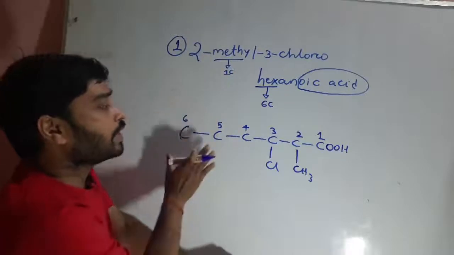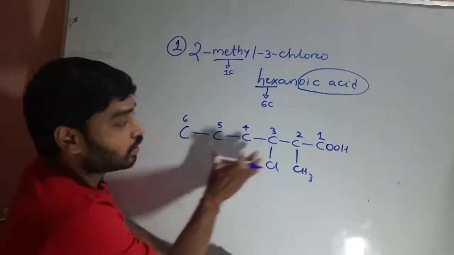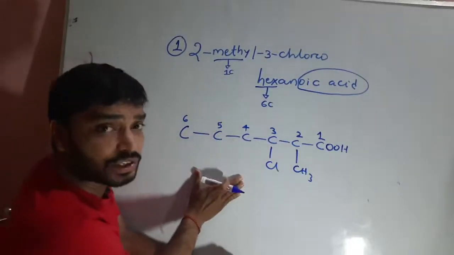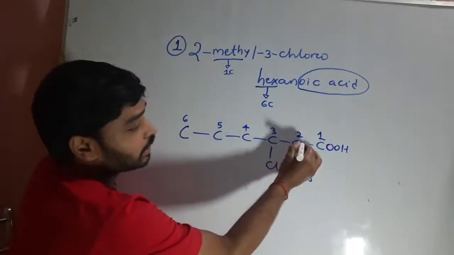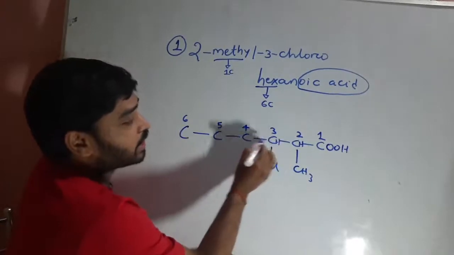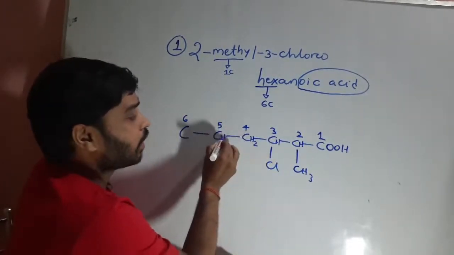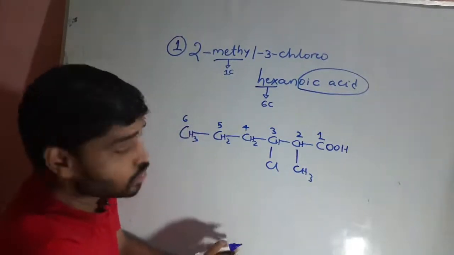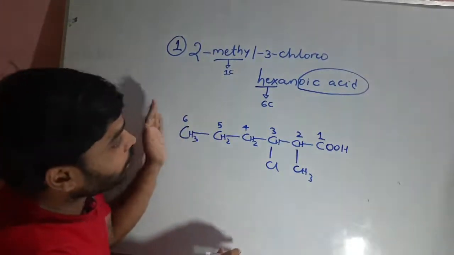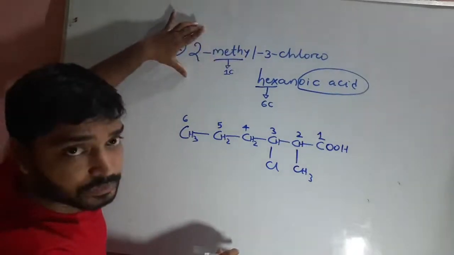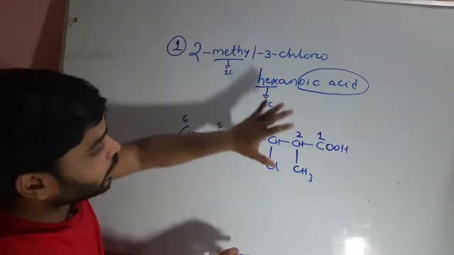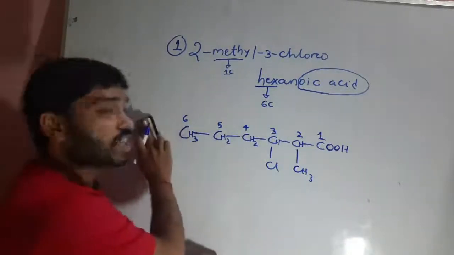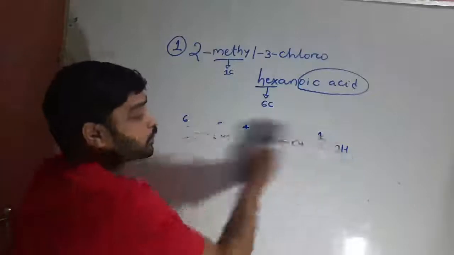Now we need to satisfy the valency of all the carbons present in the longest continuous carbon chain. So I am placing hydrogen to satisfy the valency of the carbon atoms, which gives the actual structure of the given IUPAC name. Let's solve a couple of questions.